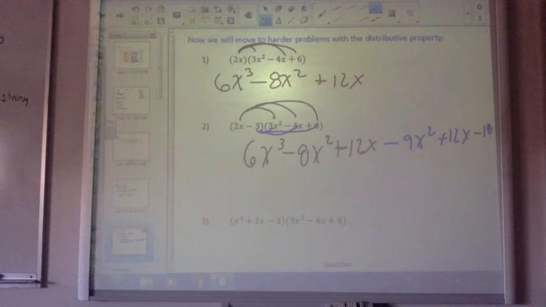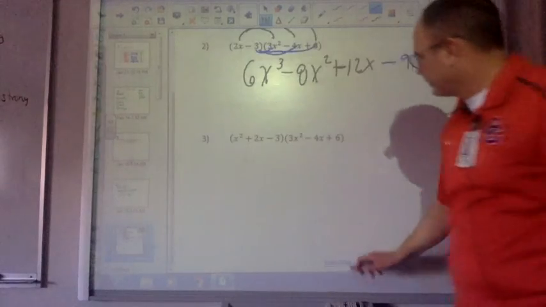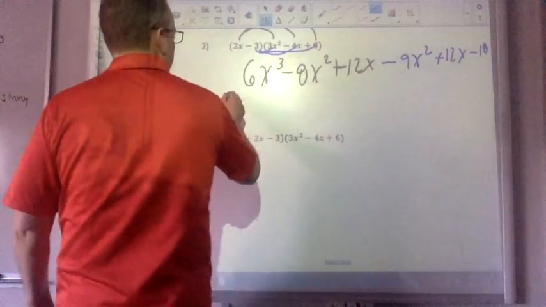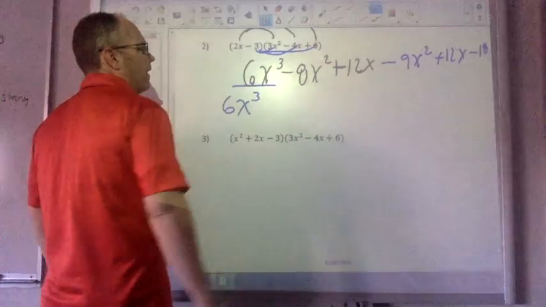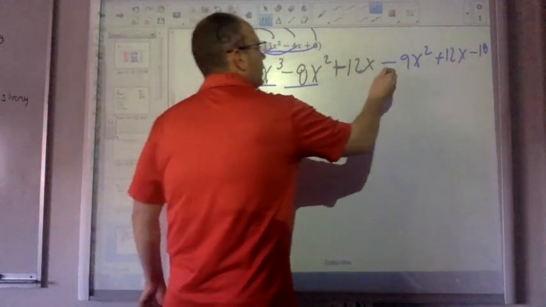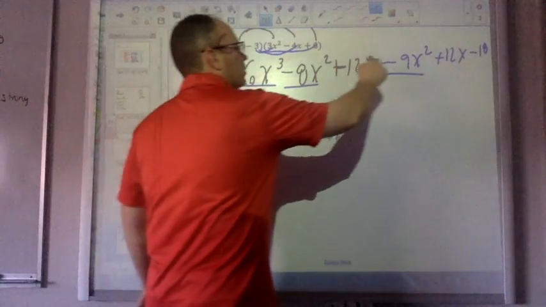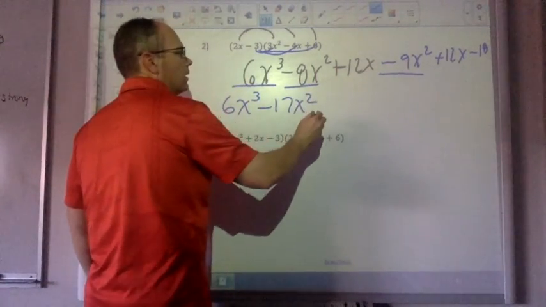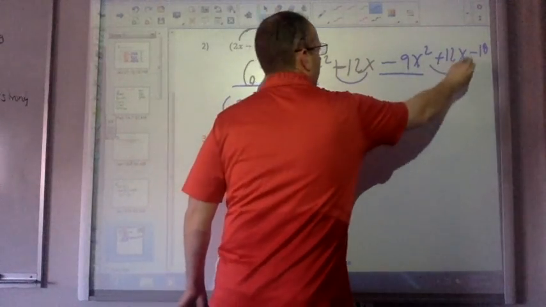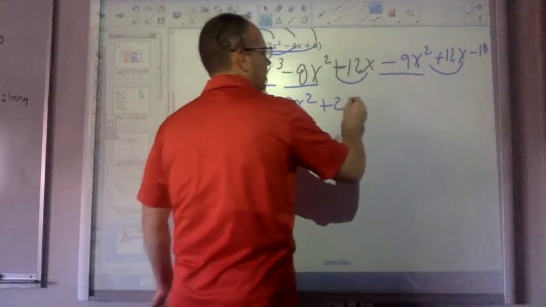Now we have to look to see if we have like terms. Okay, so I have 6x to the third, so that's taken care of. If I combine negative 8x squared and negative 9x squared, I get negative 17x squared. Combine the 12x's, so that's plus 24x.